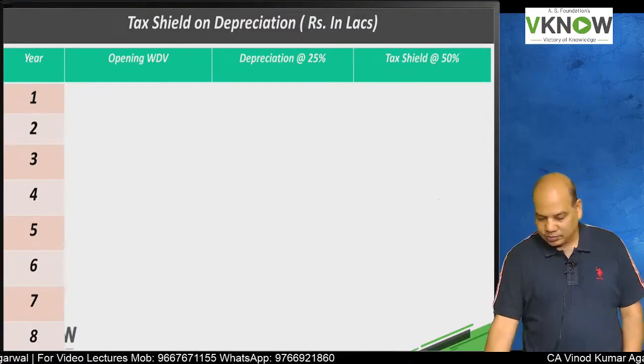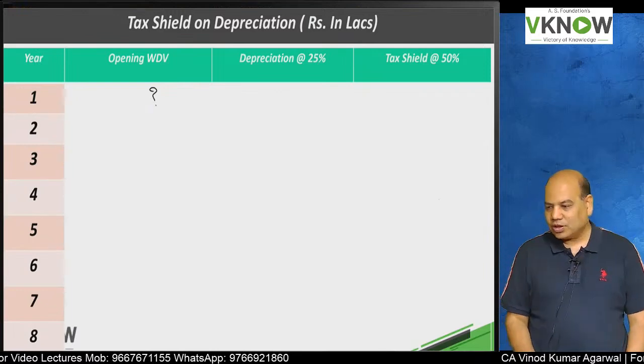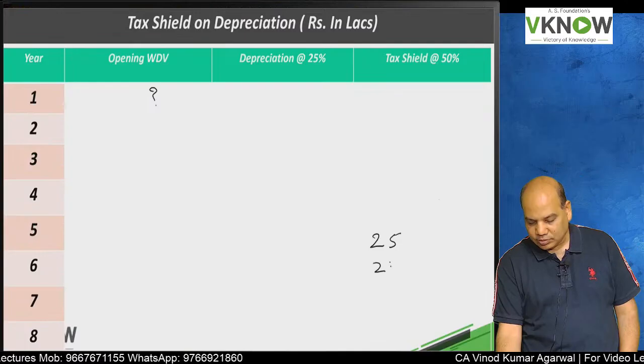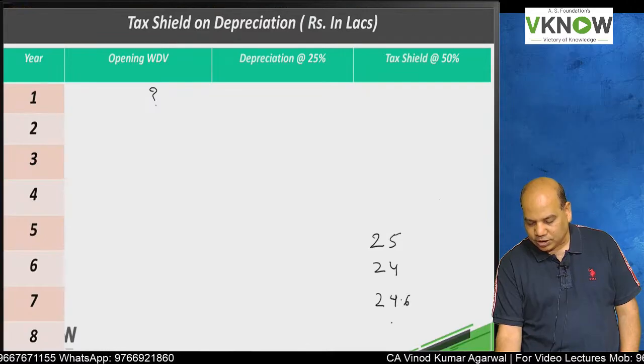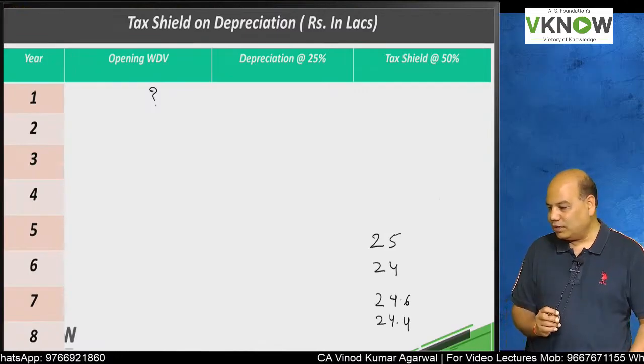Everybody, please tell me what is my first number here to start with. Should we write 25 lakh, 24 lakh, 24.6 lakh, or 24.4 lakh? What is my opening WDV?